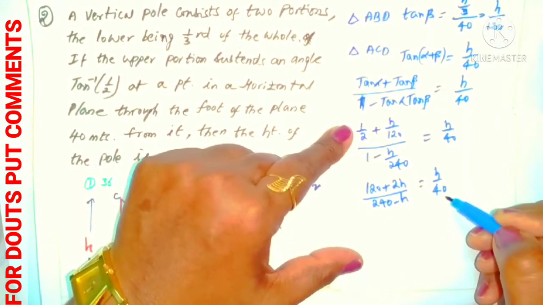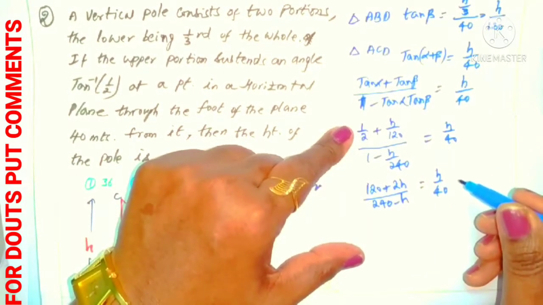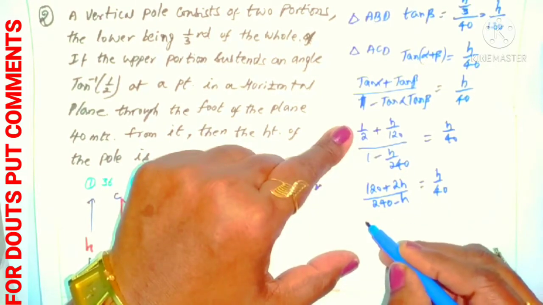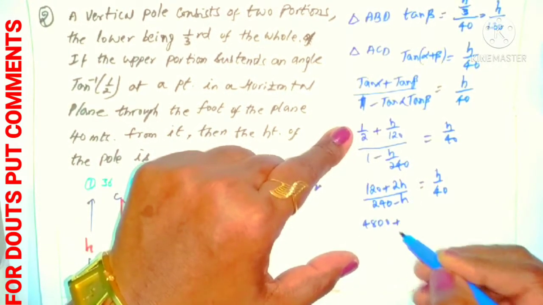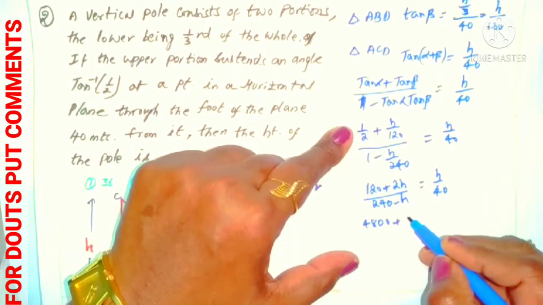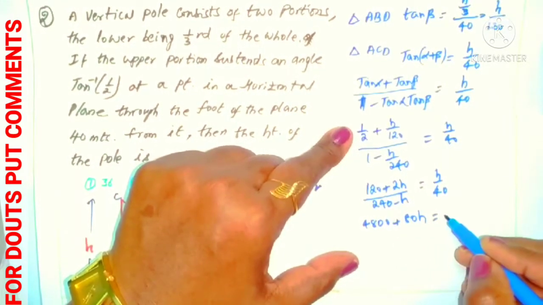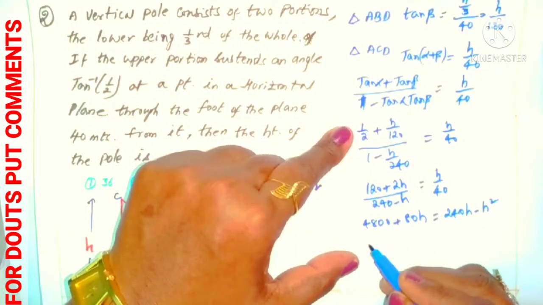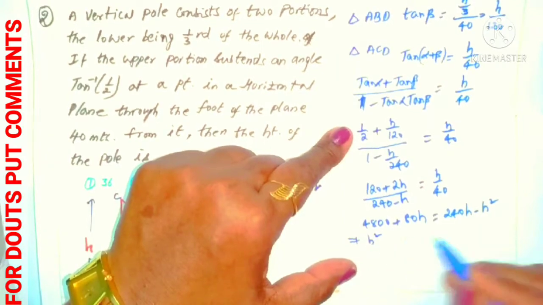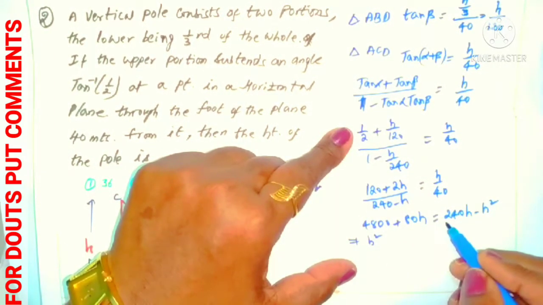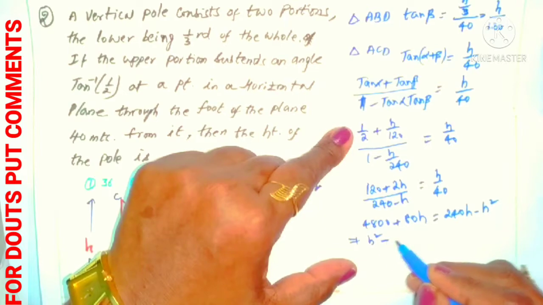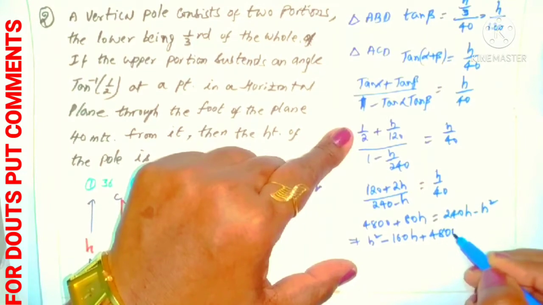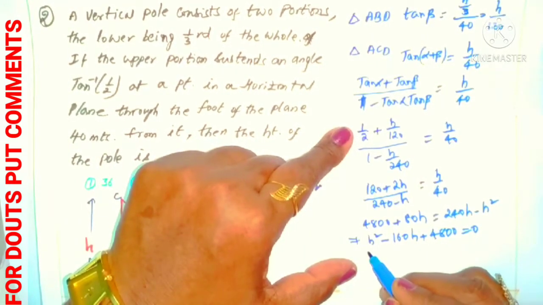Minimize the calculation part as much as possible, but at the same time, don't make mistakes. Now the simplification: 120 into 40 is 4800, plus 2h into 40 is 80h, is equal to 240h minus h square. Now we can simplify. H square, if we take 240 to this side, it is minus 240 plus 80, which is minus 160h, plus 4800 equals 0.